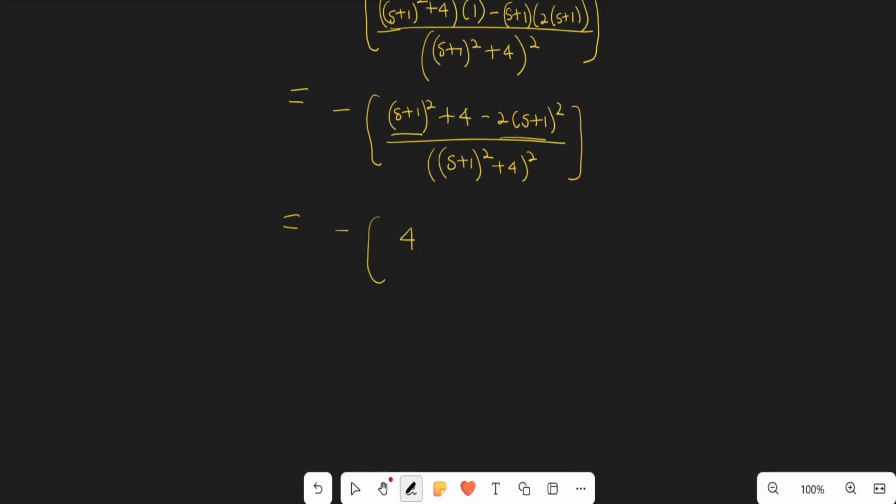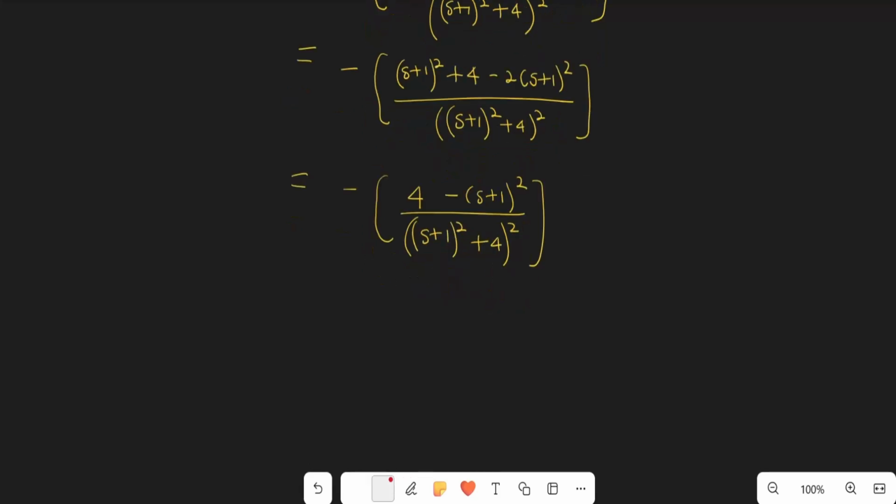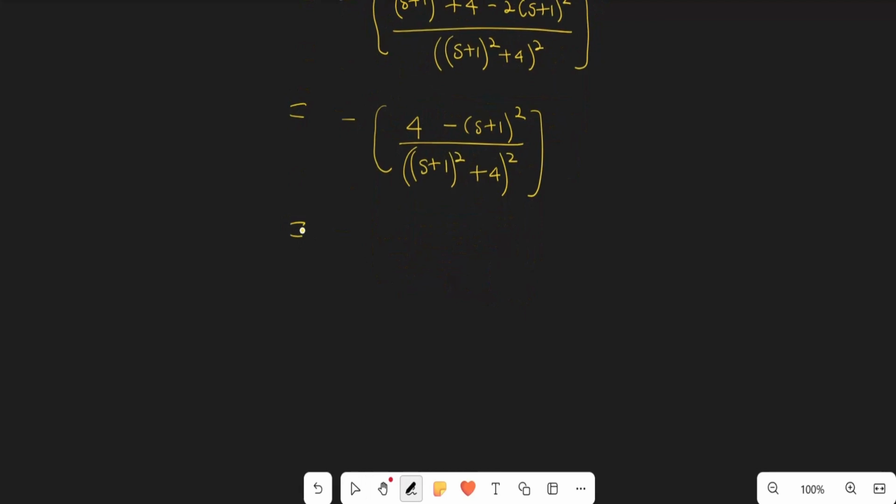Now this and this, when we combine them, that is going to be negative s plus 1 all squared divided by s plus 1 all squared plus 4, all squared. And now we can reverse it with a negative in front, and that is going to be s plus 1 all squared minus 4 divided by s plus 1 all squared plus 4, all squared.